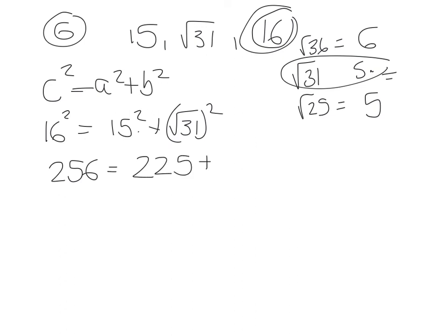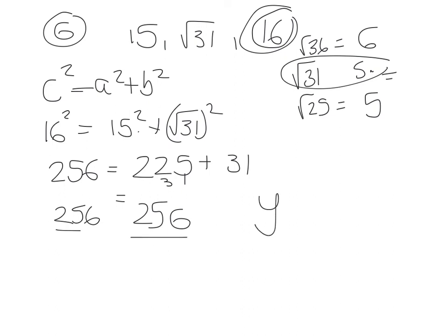And rad 31 squared is just plain 31. So when I add these together, I get 256. So since 256 equals 256, yes, that was a right triangle.